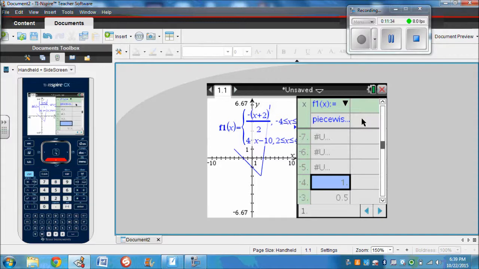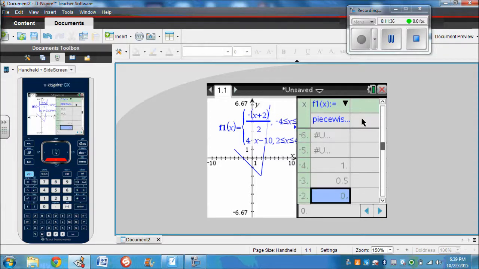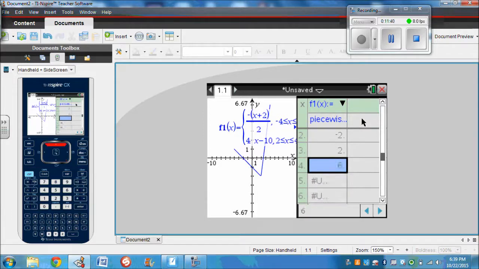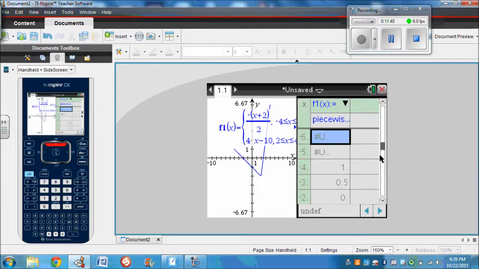Then we scroll through, and we come up to 5, and we see that it's undefined there. So the only values present in this function are the ones that we're seeing. Let's copy down from -4 to 4 on your paper and start it up again.